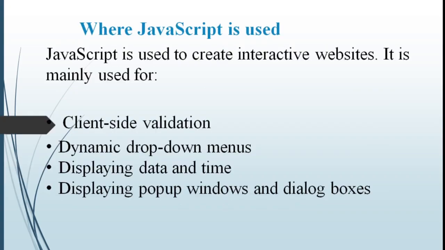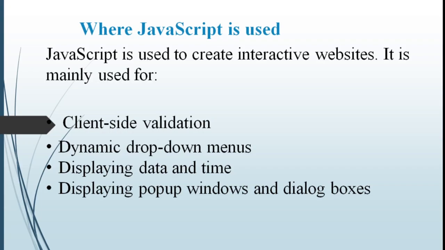Where is this JavaScript used? This JavaScript is mainly used for creating interactive websites. It provides client-side validation. What is meant by client-side validation? All the user's input validates in the user's browser itself.